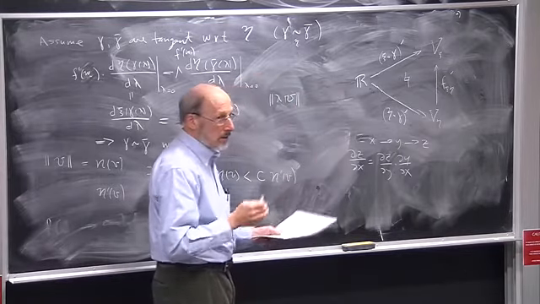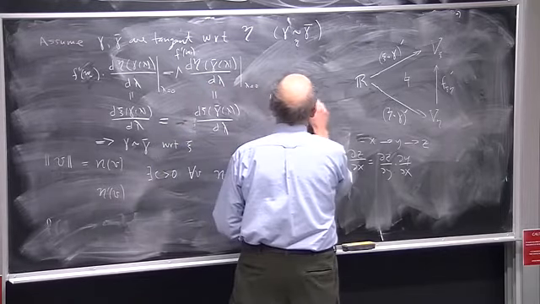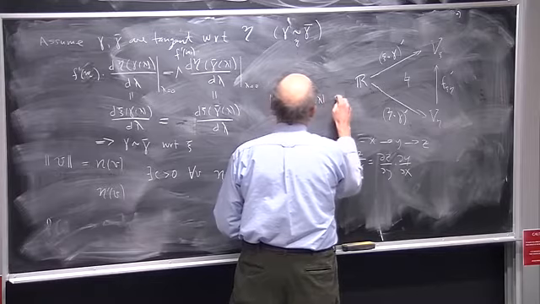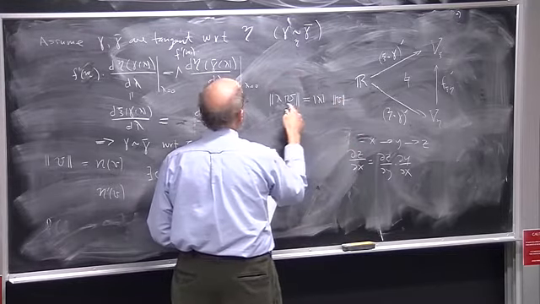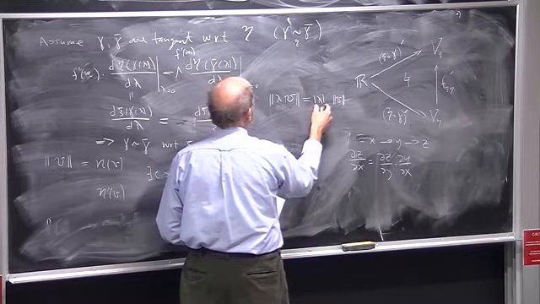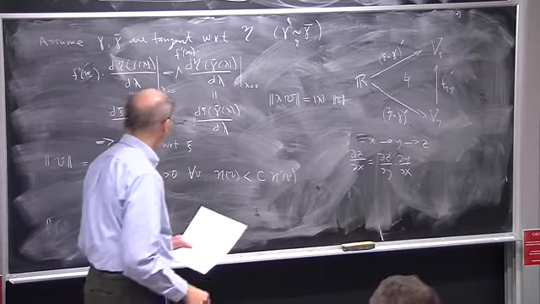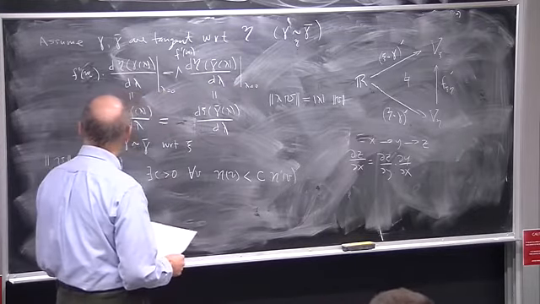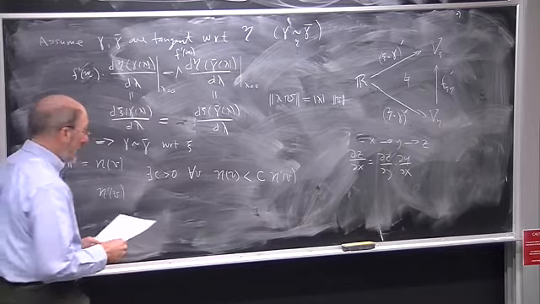Not any measure of size is a norm. A norm is something very special. If it's a norm, then the norm of a scalar lambda times a vector is the absolute value of the scalar times the norm of the vector. Other questions? Okay.